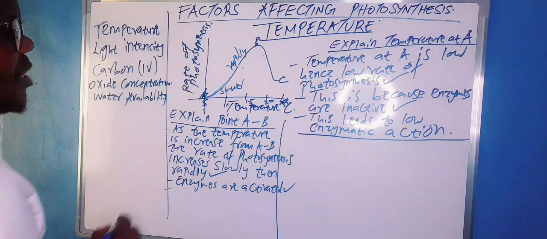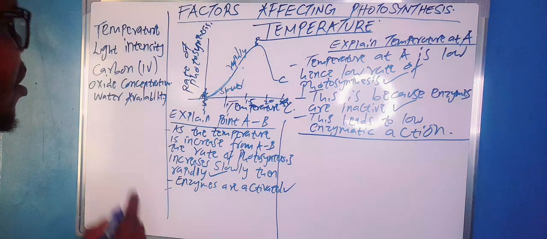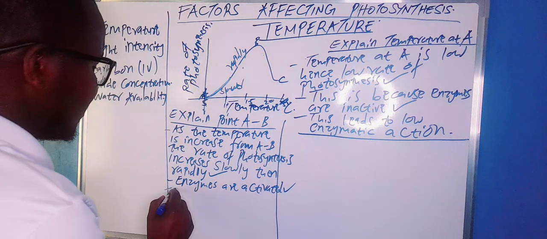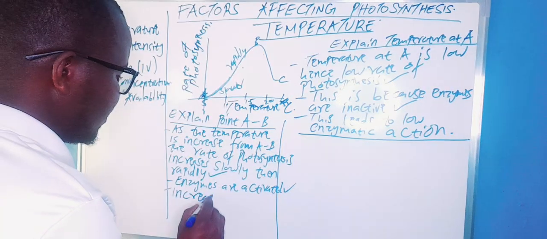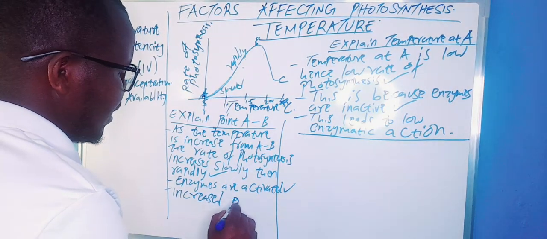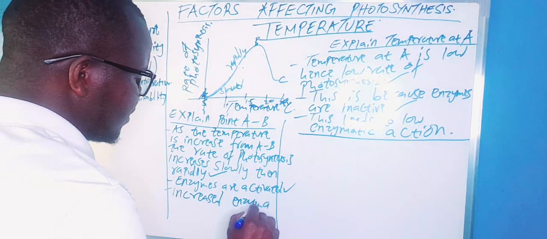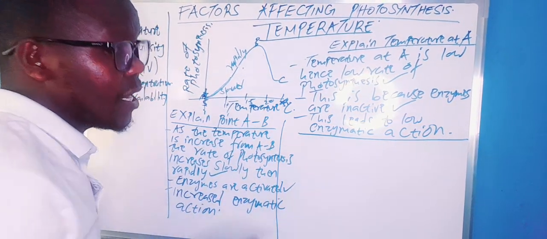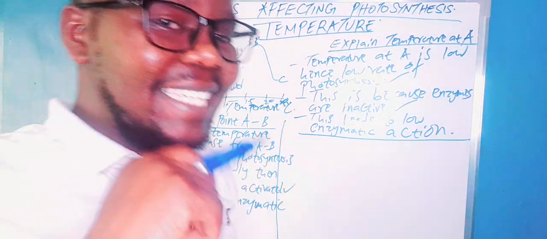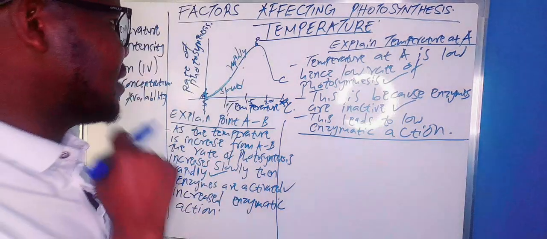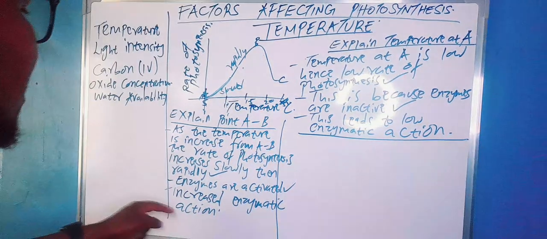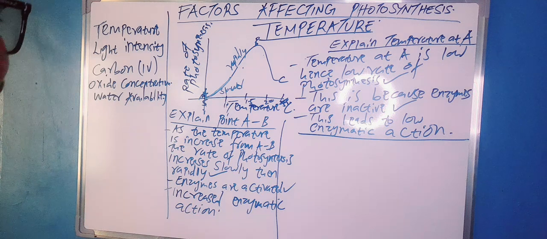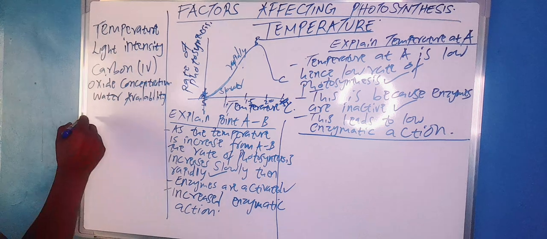The last section is because of increased enzymatic action. We are not speaking about reaction. Enzymes don't react, it's enzyme acting. The rate of photosynthesis will increase rapidly. Then we can check about explaining at point B.